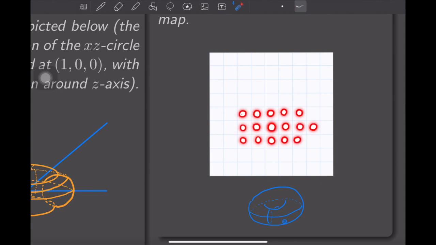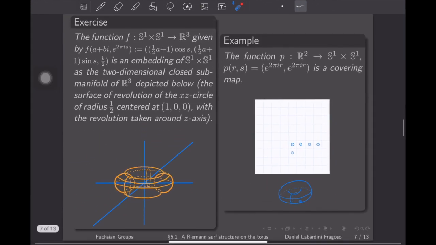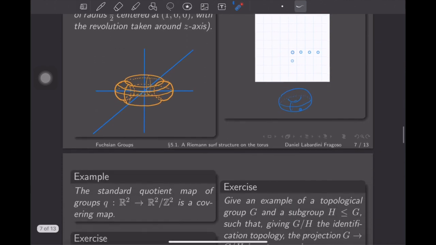And each of them in this picture is mapped homeomorphically onto this one that you are seeing here. A formal proof that this is a covering map, I leave it to you as an exercise.